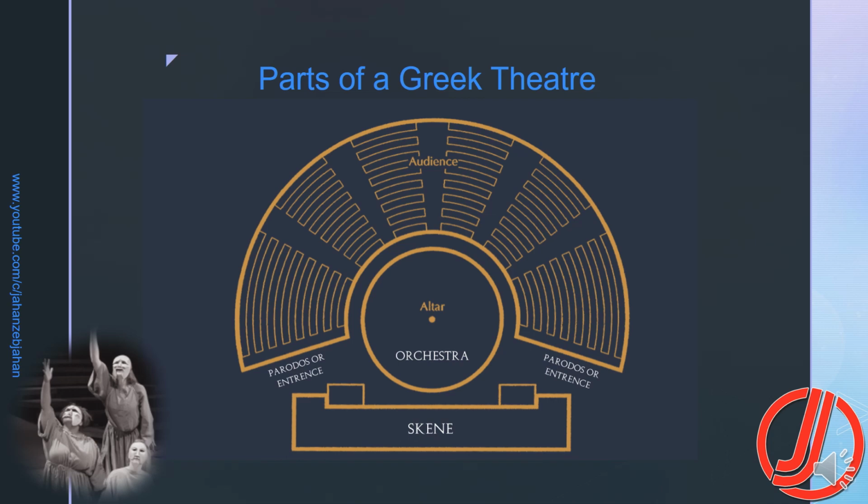Now this is the view of it, where we can see this altar, which is normally of some Greek god. Then there is the orchestra. Then there is the scene, which is called the main stage, where you enter and exit. There's a place for the audience, and there's a place for the parados entering, and the parados can enter from both ways, from right to left.